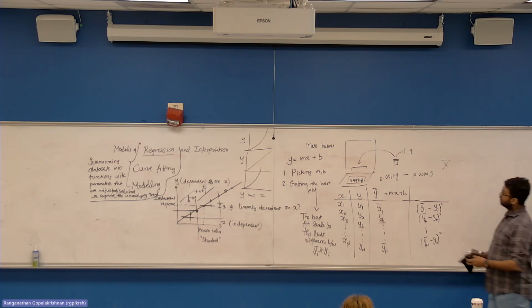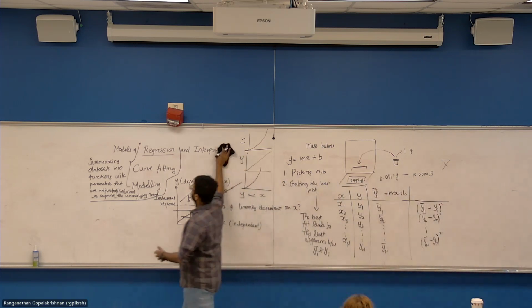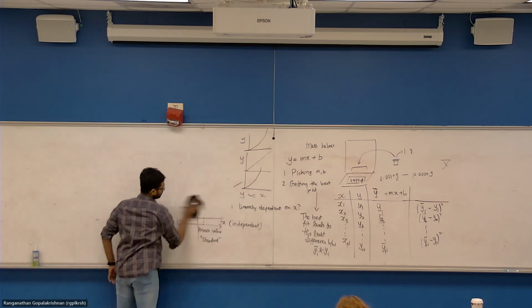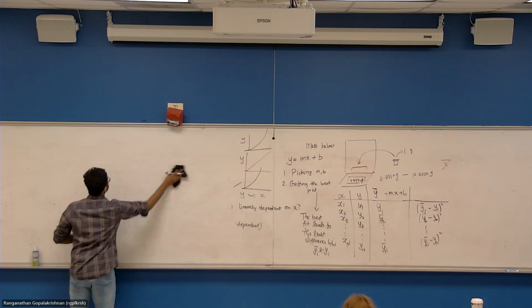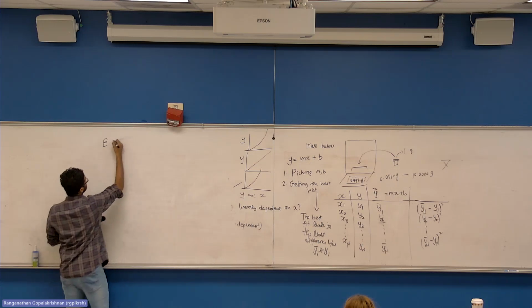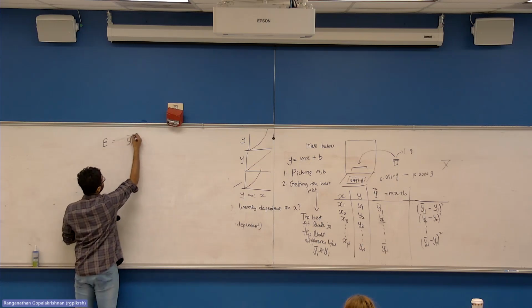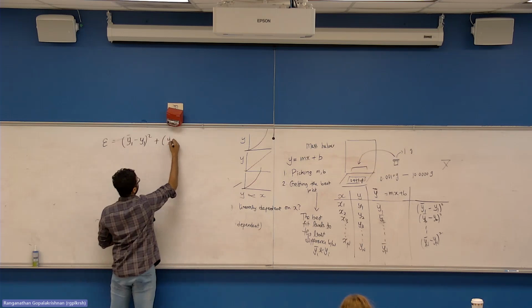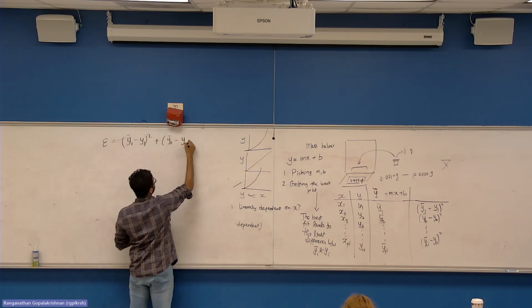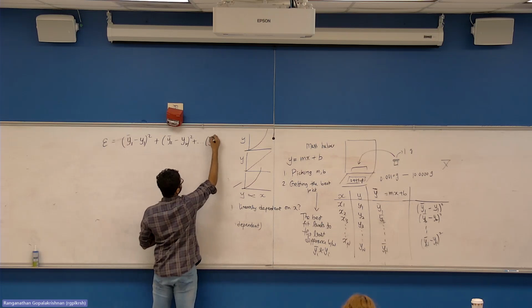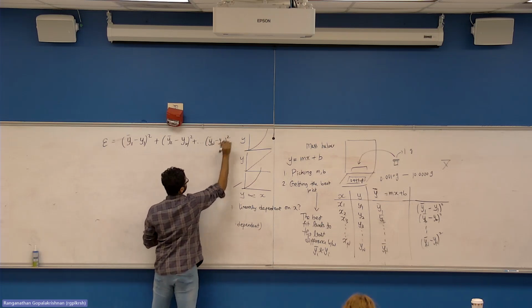So let's define this difference. We'll call it epsilon. This is y1 bar minus y1 squared plus y2 bar minus y2 squared plus and so on, yn bar minus yn squared.